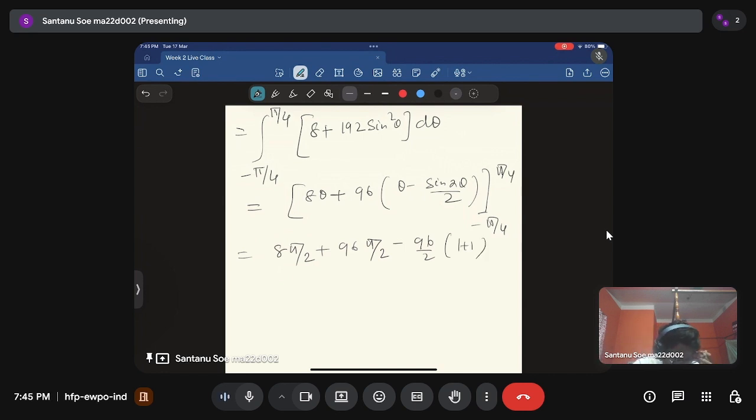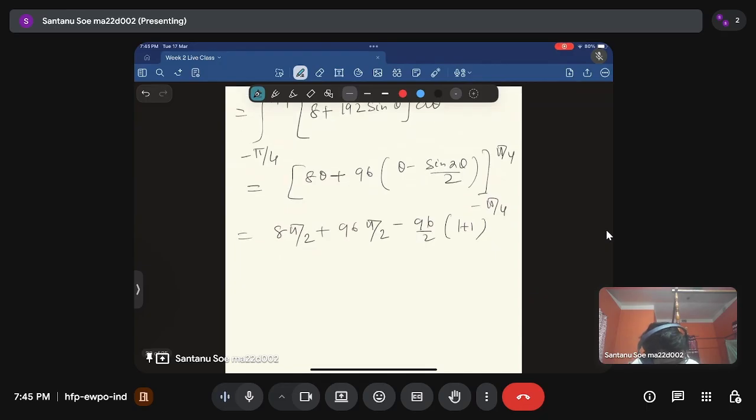Since this minus of sine 2 theta is an odd function, this will be 2 times all multiplied. So that's why this is gonna be 52 pi minus of 96, and this is the same as the LHS of star.